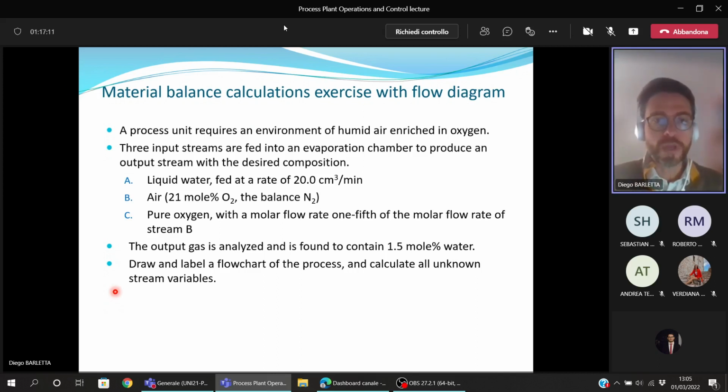So we have information about the input and some about the output, but as we will see, this information is not complete, but should be sufficient to set up the material balance problem and calculate the unknown process variables. Let's try to do this first exercise together.